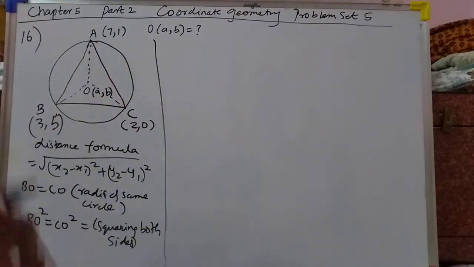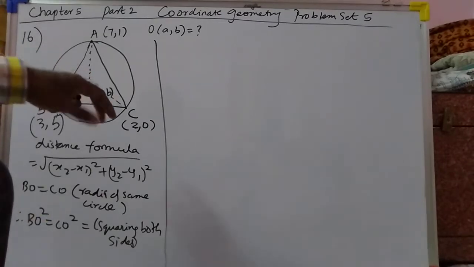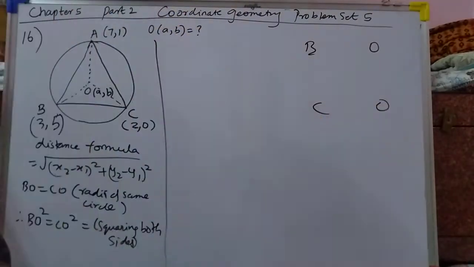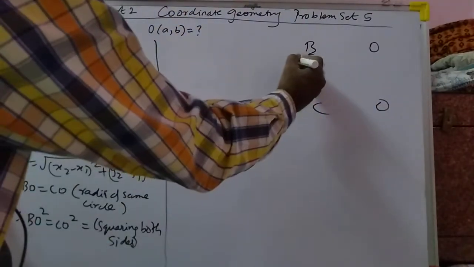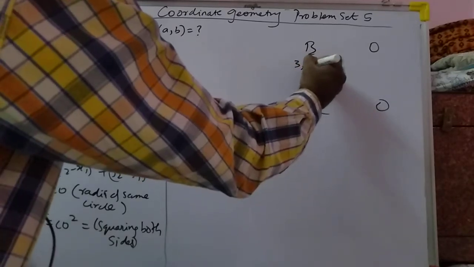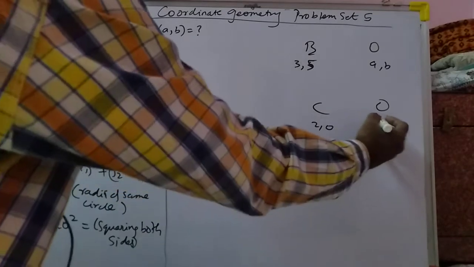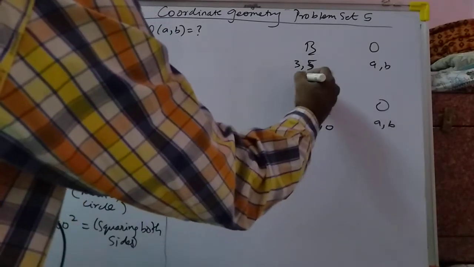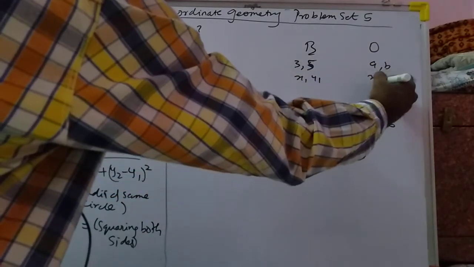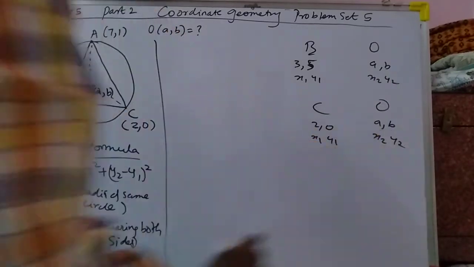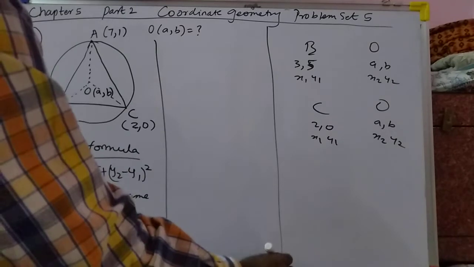Now let us calculate for BO and CO. For B we have the point 3 and 5, and C is 2 and 0. Take it as x1, y1, x2, y2. Now we will use the formula here.